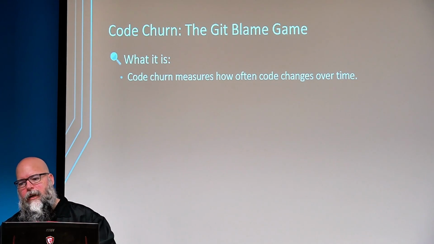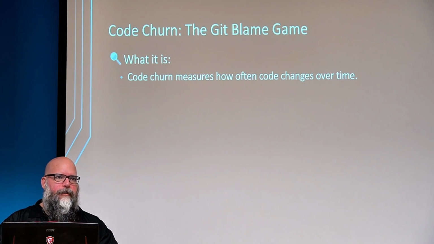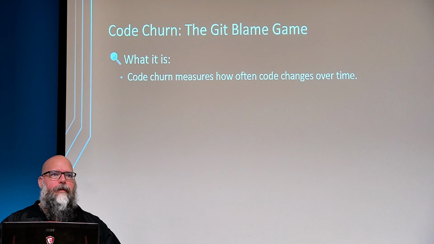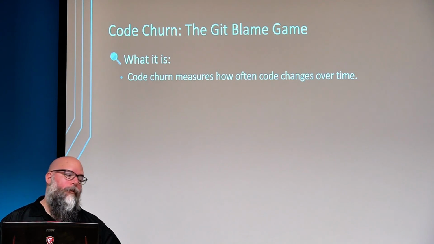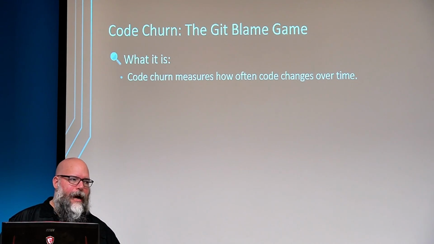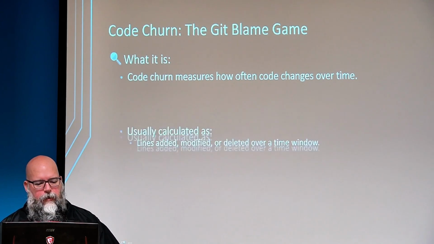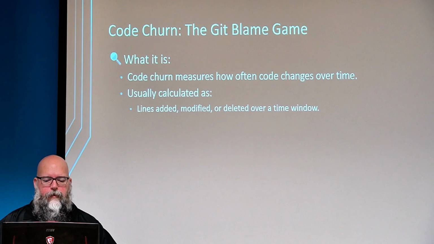The way I understand it, you're not just looking at code churn in a project. You're looking down to specific methods and classes. It's going to show you classes that are rapidly changing, with lines added, modified, or deleted over a time window.